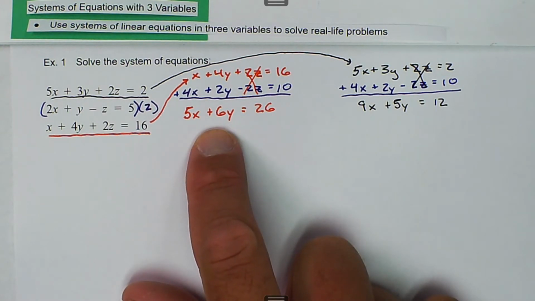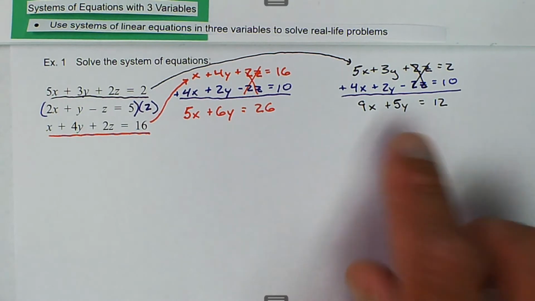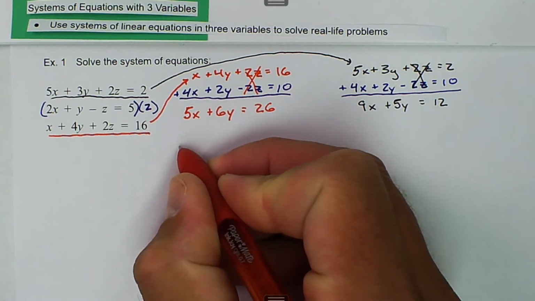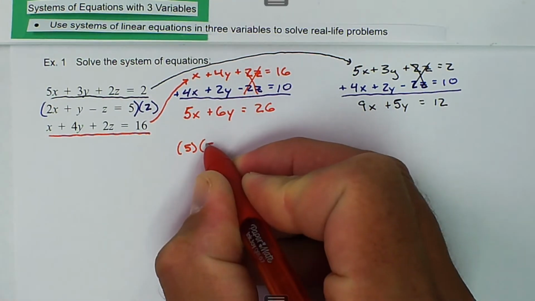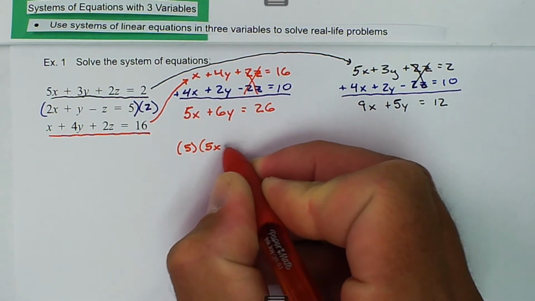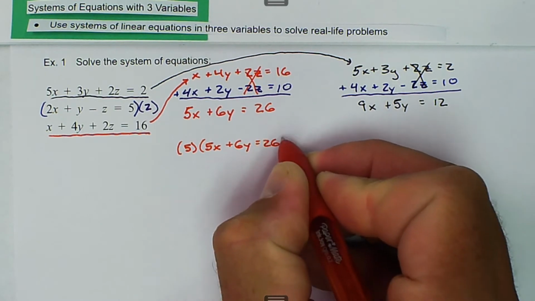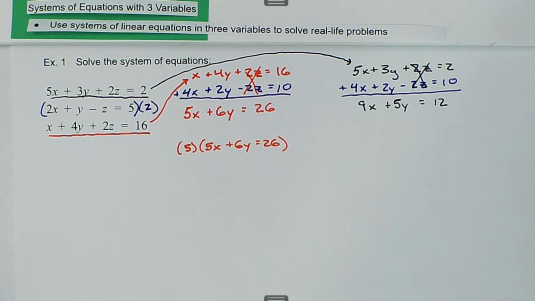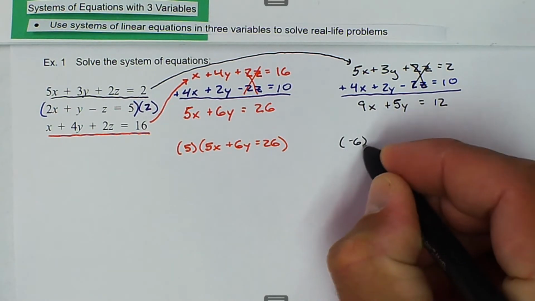This is a positive 6 and a positive 5, so I have to make one of them negative. So I'm going to take this equation here and scale it by 5. So 5x plus 6y is equal to 26. And I'm going to take this equation over here and scale it by -6.